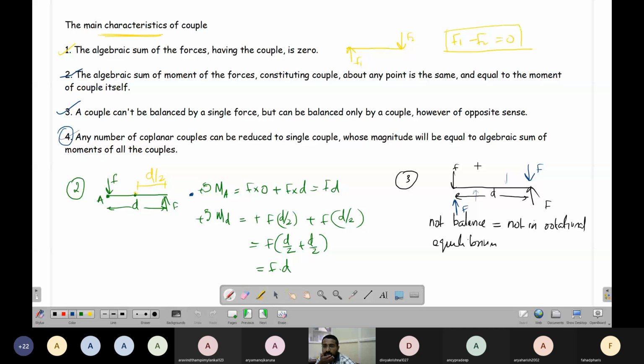Any number of coplanar couples can be reduced to a single couple whose magnitude will be equal to the algebraic sum of the moments of all the couples.